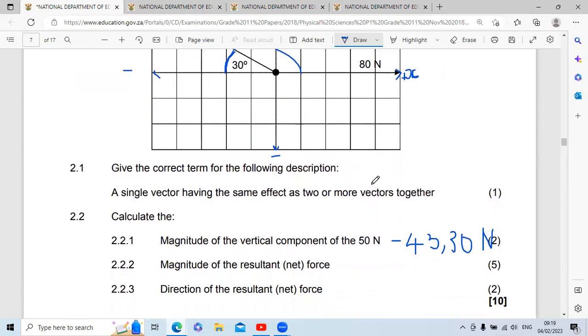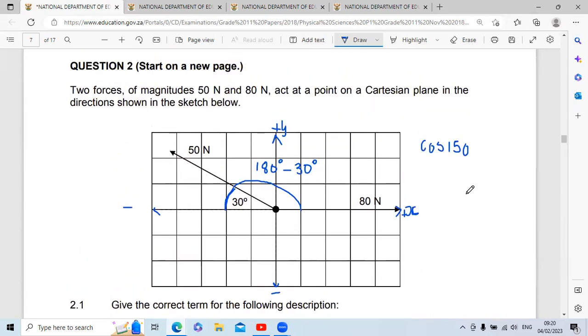Oh yeah, sorry, for 2.2.1, they want the vertical component. I think I found the horizontal component instead during that time when I used my calculator. So since it's the vertical component, we're gonna change this into sine.